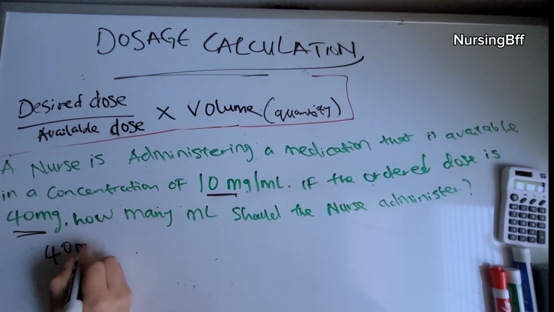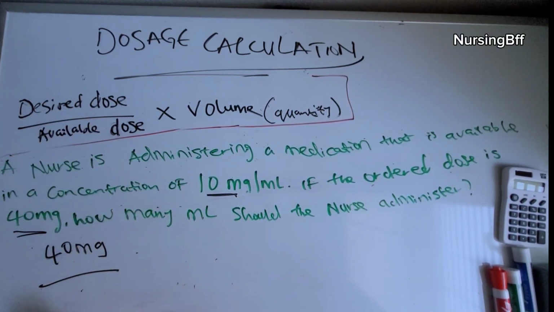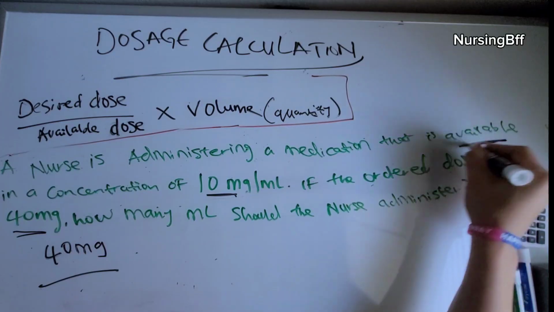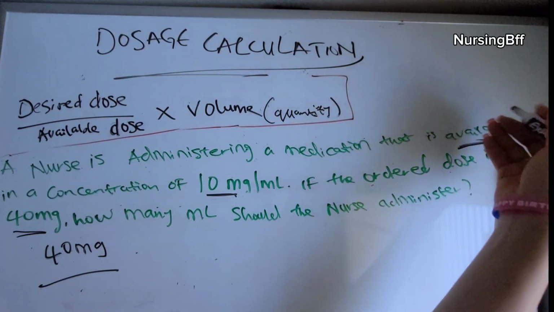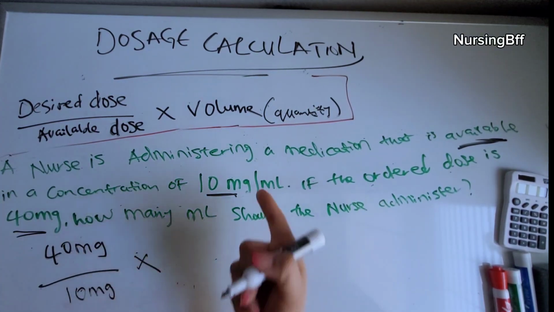40 mg over the available dose, that is available. This word is right there already, it's already there for you. Available is 10 mg, times ml.